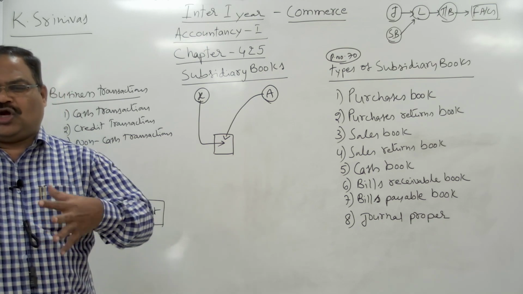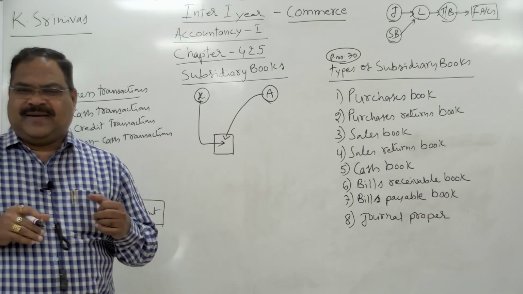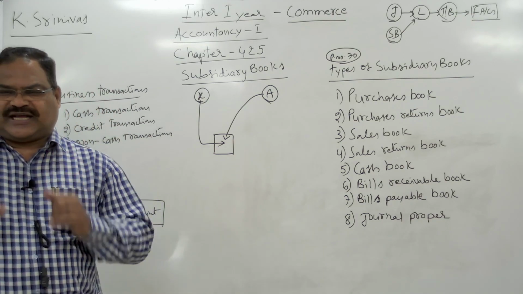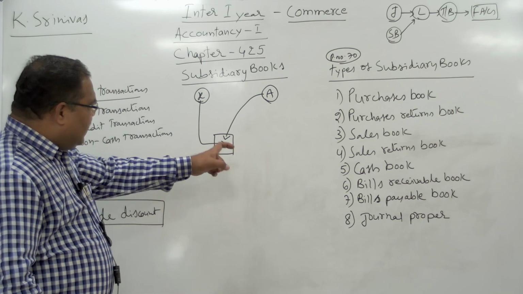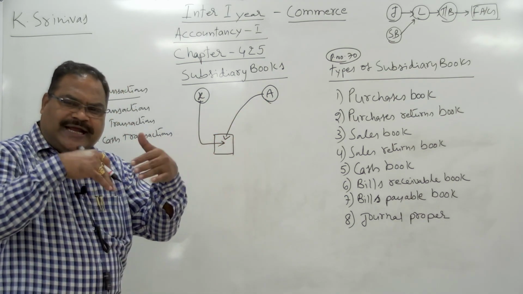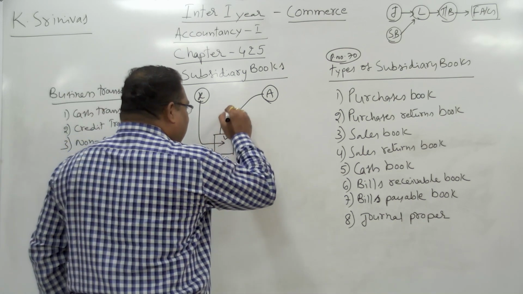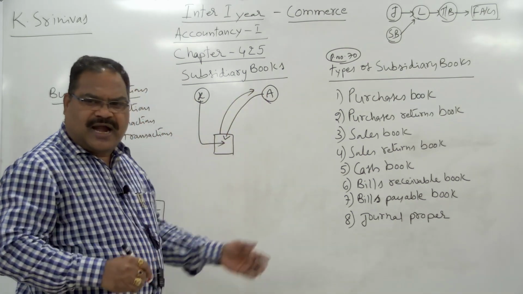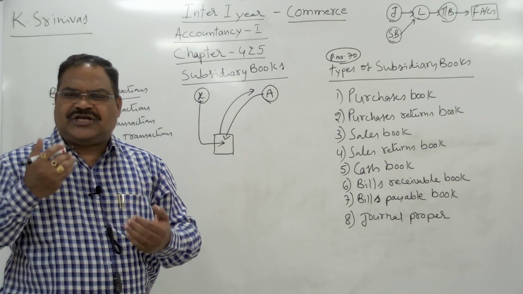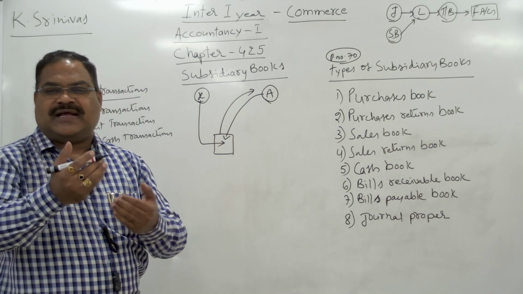Anyway, I'm going to talk about the goods and assets later, but let me complete the types of transactions. When we have purchased goods from Mr. A on cash, we have paid cash and received goods. Goods are coming in, cash is going out. It is called a cash transaction.